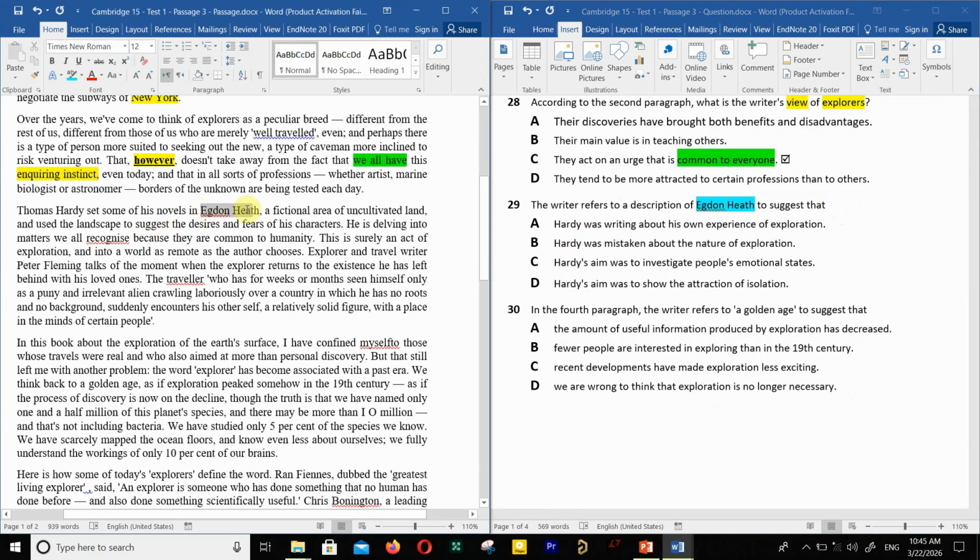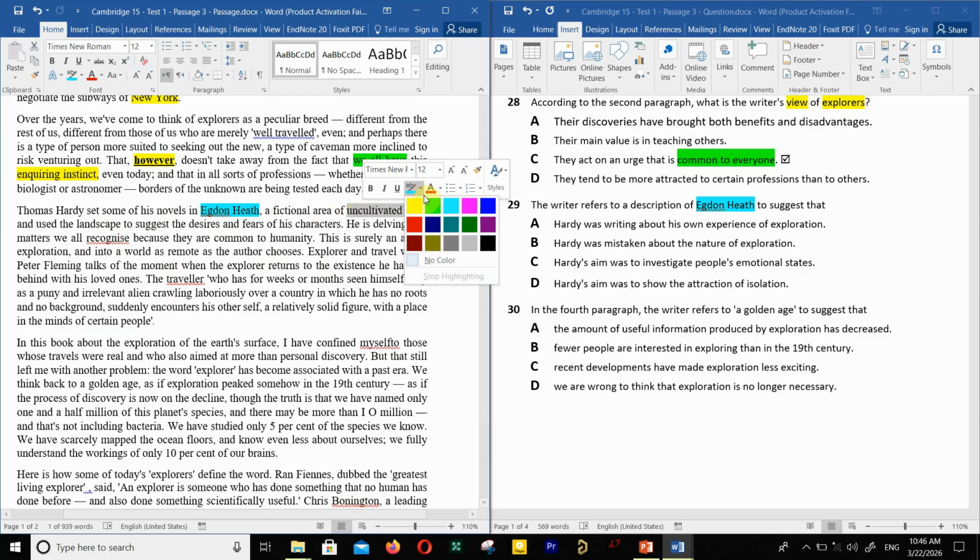This is Egdon Heath, and as you can see, it's pretty straightforward, paragraph by paragraph. So Thomas Hardy set some of his novels in Egdon Heath, a fictional area of uncultivated land, and used the landscape to suggest the desires and fears of his characters.